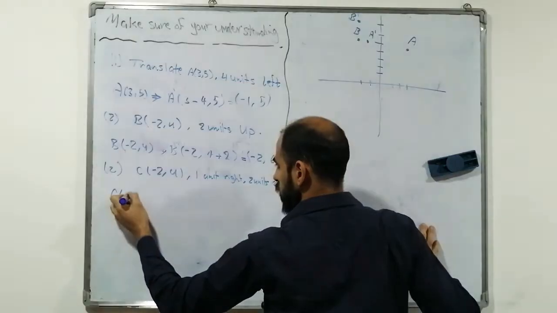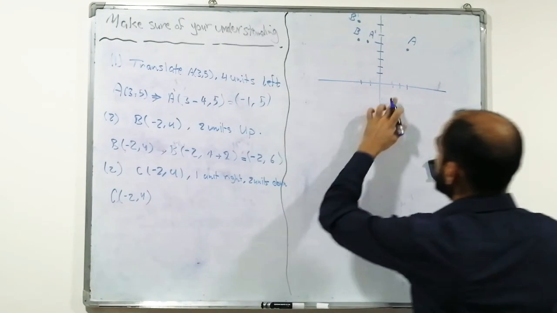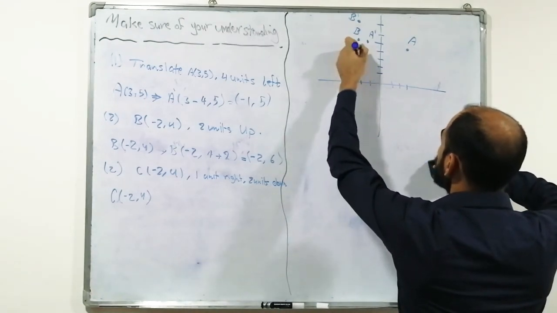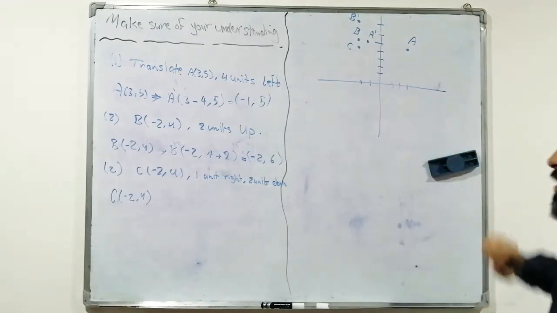Now represent the original point in the coordinate plane, minus 2, 4. This is the point C.